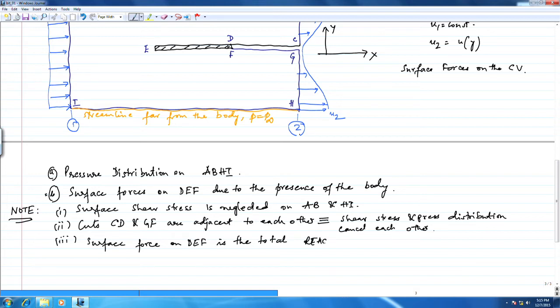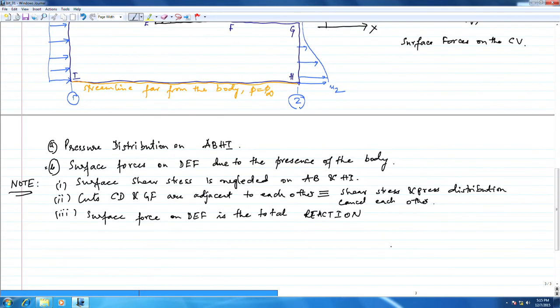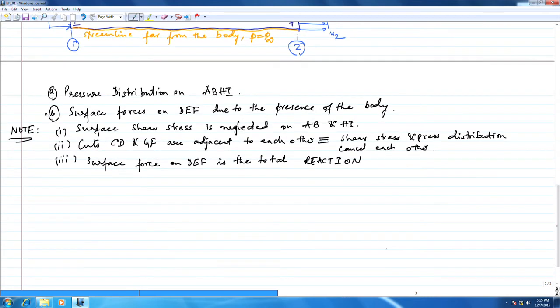This is actually a total reaction equal and opposite to the shear stress and pressure distribution created by the flow over the body. I am not going to write all of that. So, it's a total reaction to the shear stress and pressure distribution caused due to the flow of fluid over the surface of the body. So, instead let me just write this down a little bit, so then that will make sense.